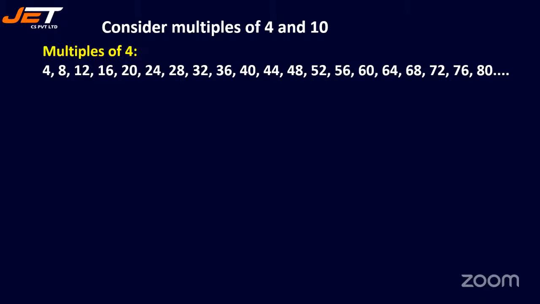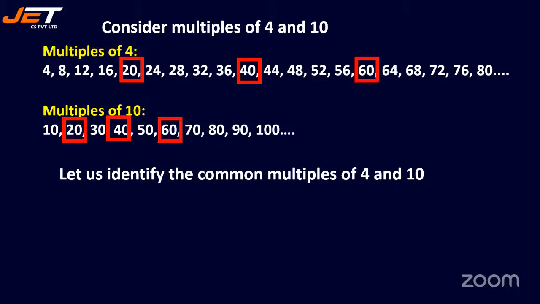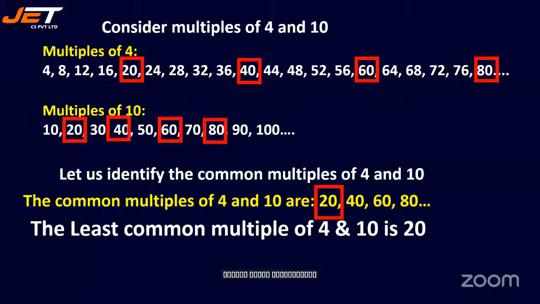With this, we are getting the multiples of 4. Next, the multiples of 10 as usual. So now let us identify the common multiples, which are 20, 40, 60, 80. So the common multiples of 4 and 10 are these, and the least in that is 20.